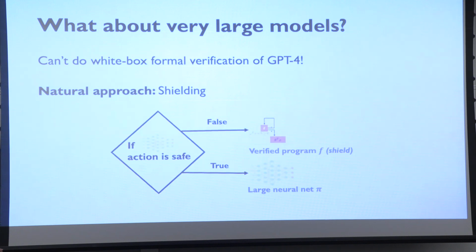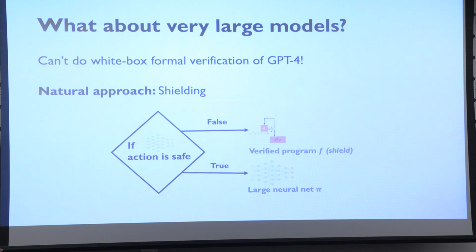And so this would be what that looks like, that I can write as code. So if my big neural net is taking an action that is unsafe, then I'm going to fall back on a program that's verified. Otherwise, I'll just let it execute.